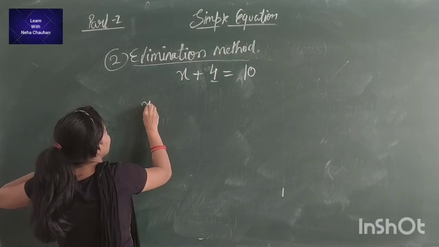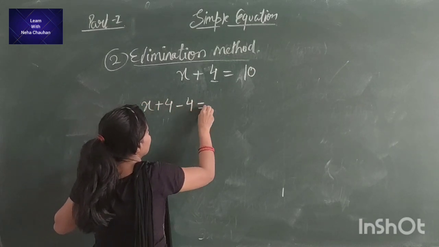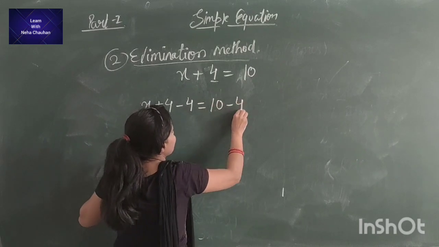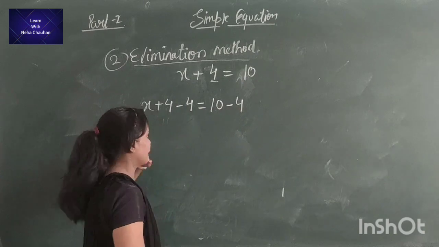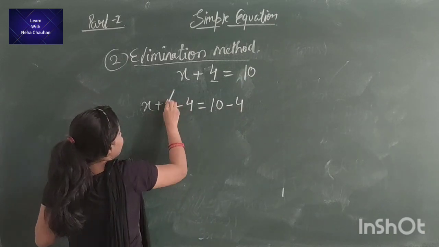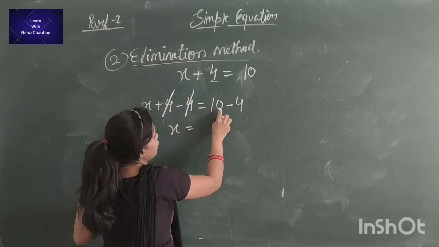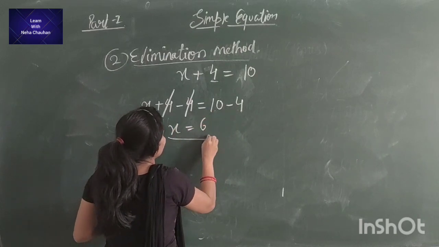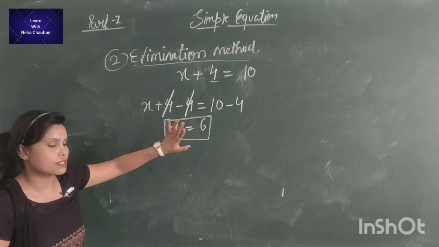We will take x plus 4 minus 4 is equal to 10 minus 4. We are removing 4 from both sides. So 4 and 4 cancel out. x is equal to 10 minus 4, which is 6. So from here we get that the value of x is 6.